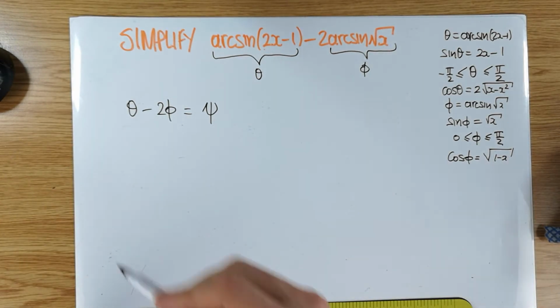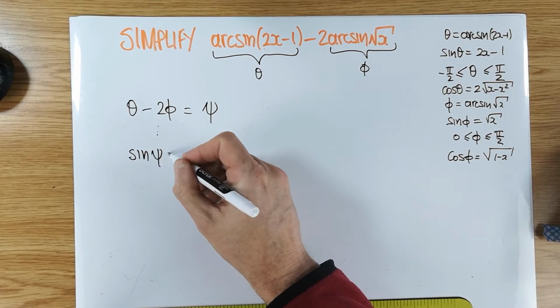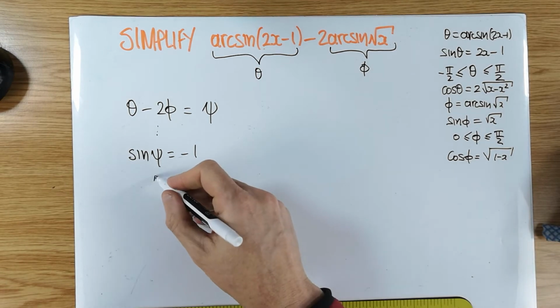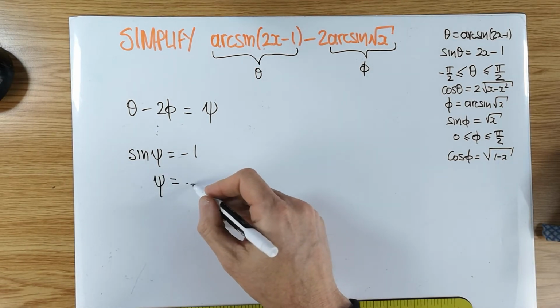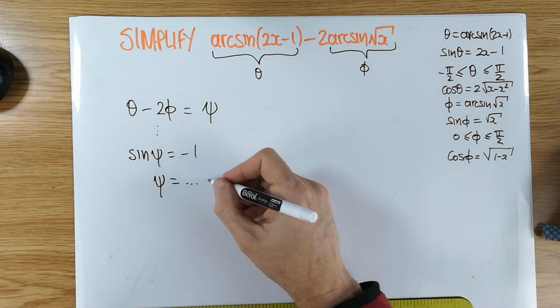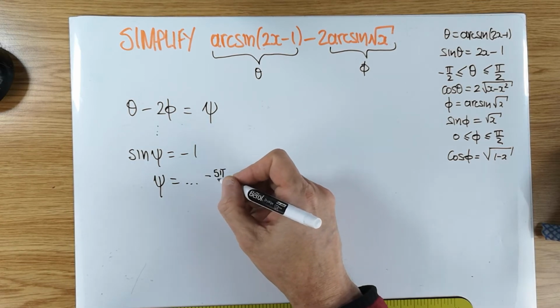So let's write, dot, dot, dot, all these workings. Sine psi is equal to -1. What does that mean? It means your psi will be equal to, if we're getting a -1, what kind of numbers will we be getting? We'll be getting things like -5 pi over 2.